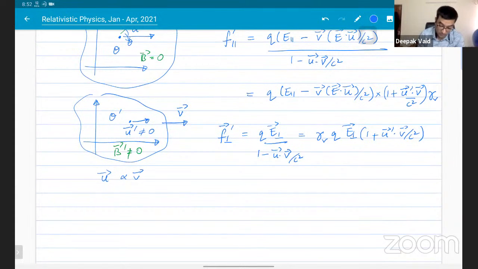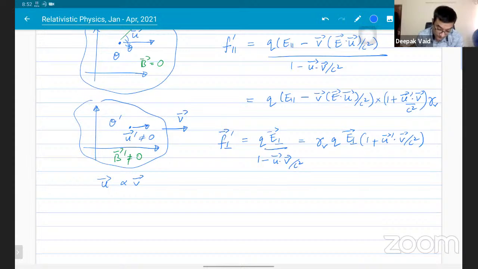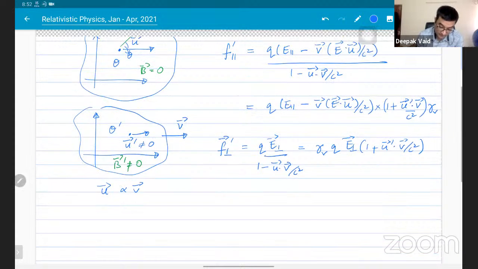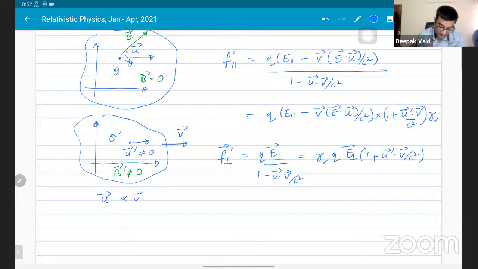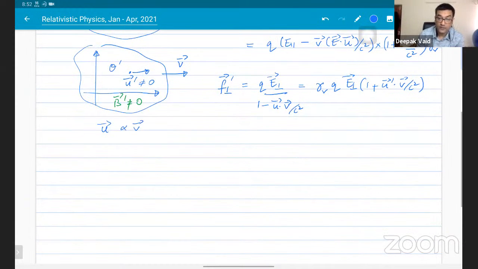So what happens now? Well, I've taken U prime to be parallel to V prime, right? I'll again skip the details and leave those for you to figure out.